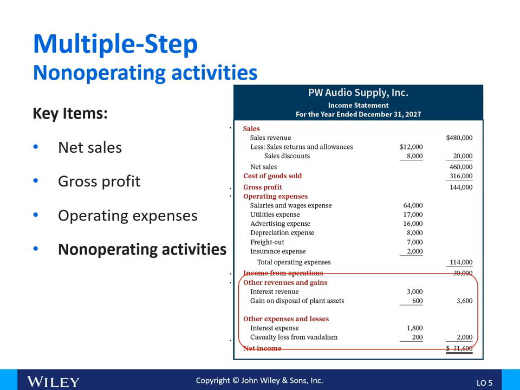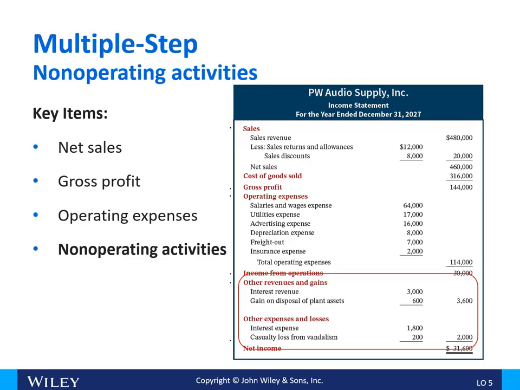So it doesn't directly have to do with selling our goods and the expenses associated with selling those. Common things are interest expense and revenue. If we're financing our company through loans or bonds, we're not in the business of doing that. For a bank, those would be operating activities. For most companies, they are not. They're non-operating. We have gain on disposal of plant assets.